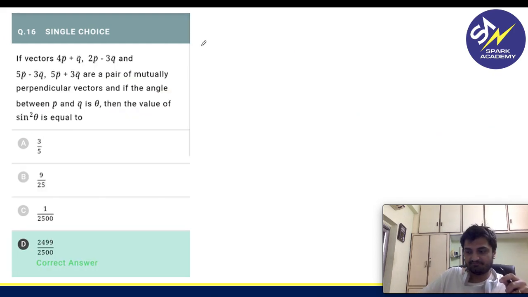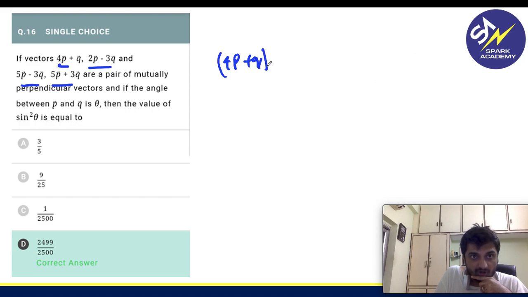Now look at this. Mutually perpendicular vectors is what they're asking here. We are in the 16th question of the NTA Abhyas test, mock test 61. So 16th question, if vectors are a pair of mutually perpendicular vectors, what does that mean? (4p plus q) dot (2p minus 3q) is equal to 0.